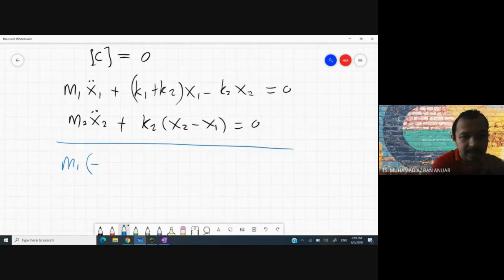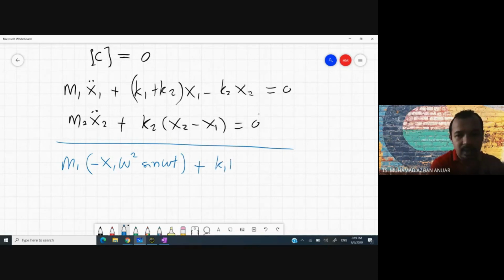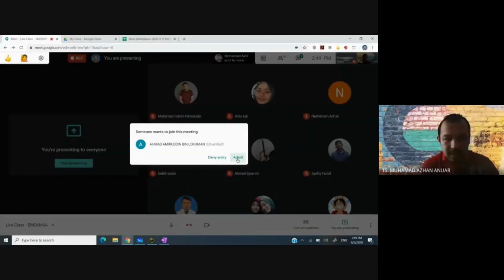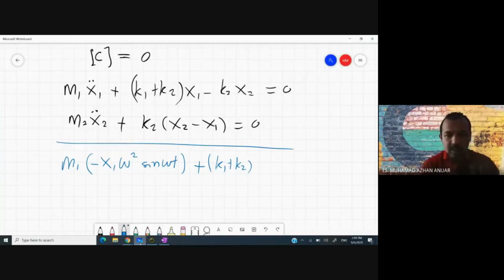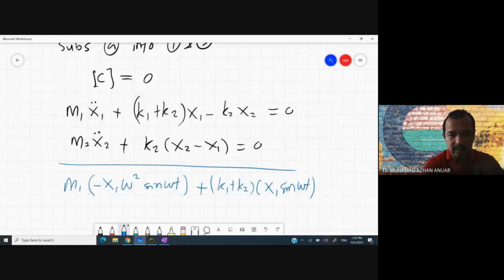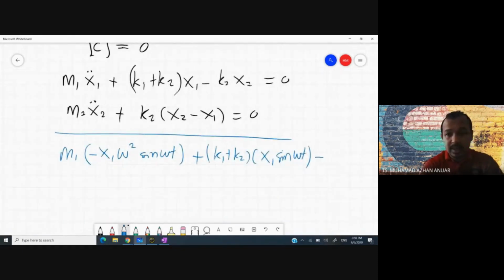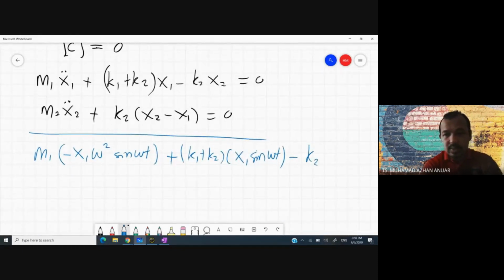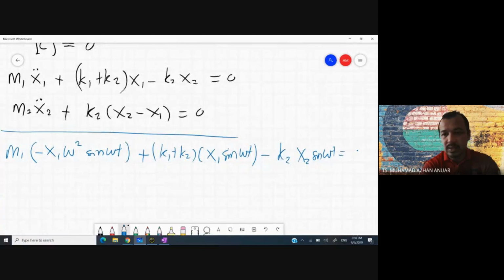You get minus x1 omega squared sine omega t, plus K1 plus K2 multiplied by x1 sine omega t, and then minus K2 x2 sine omega t. That is equal to 0.